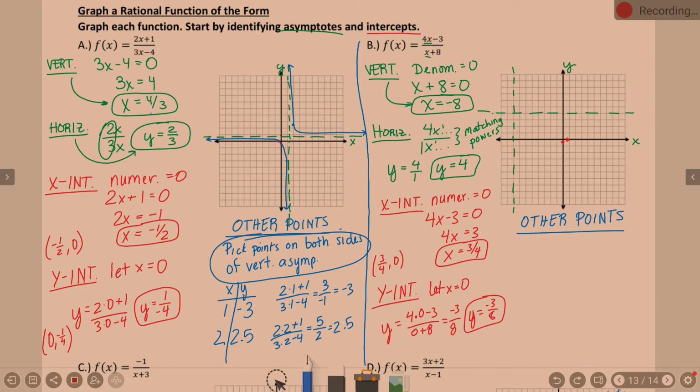So my recommendation yesterday was to pick points on both sides of the vertical asymptote. With that in mind, where's my vertical asymptote here? Negative 8. So what are numbers on either side of negative 8?